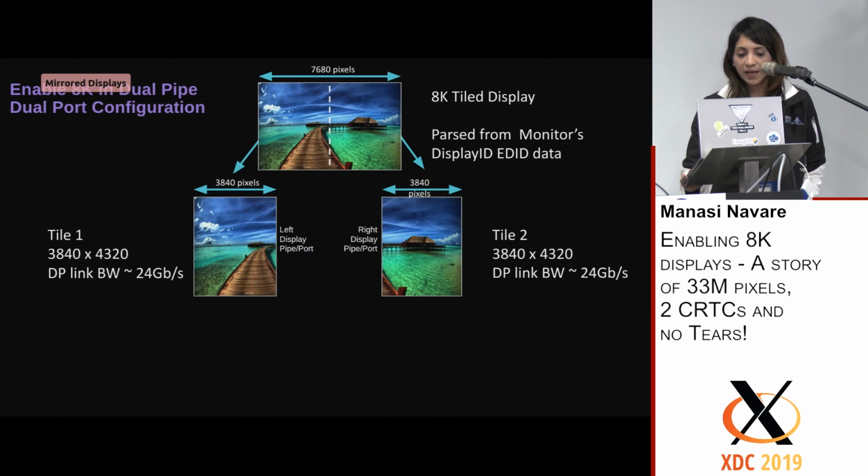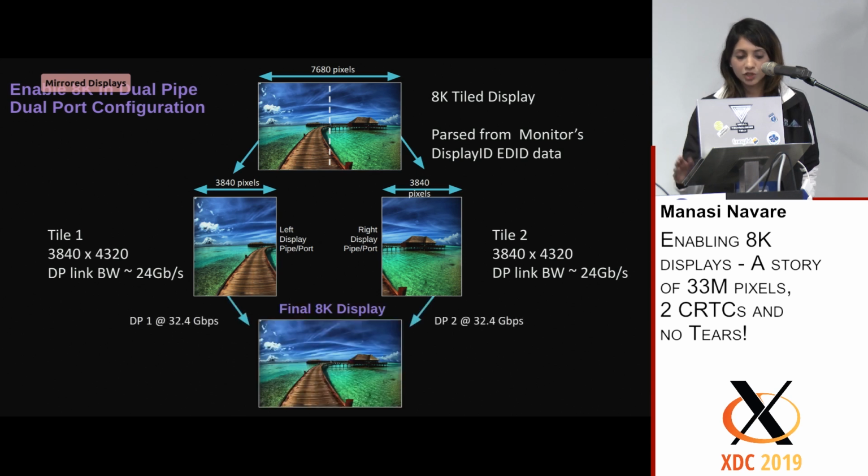We parse that and split it into two tiles and send it on each of the CRTCs. So we send the left half, 3840 by 4320, on one CRTC and the right half on the second CRTC. So clearly that needs only 24 gigabits per second, and you can send it on a single DisplayPort. And then the final picture gets stitched and you get the final DisplayPort 8K output.